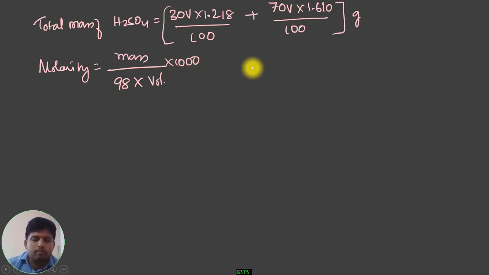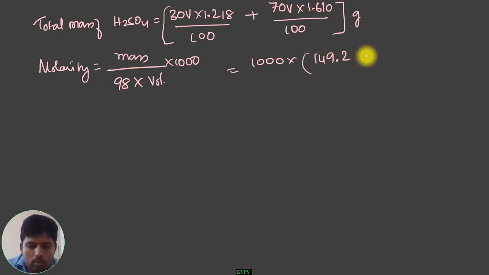So in this way, we can get 1000 into, if we add here, 30 into 1.2 plus 70 into 1.6 will give 149.2 for V divided by 100. This is the mass of H₂SO4.